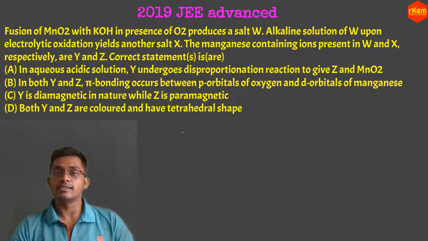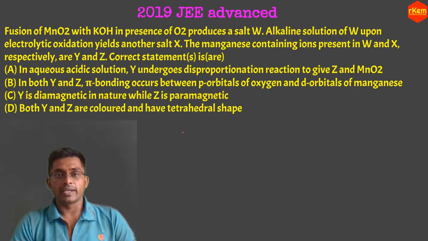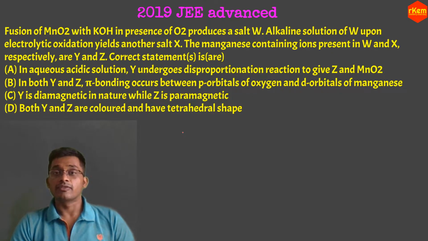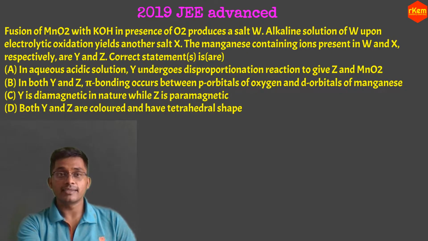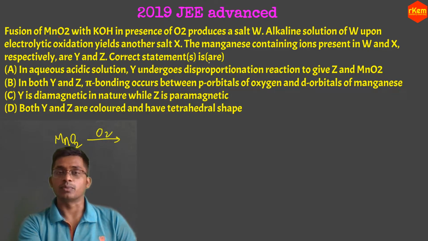All reactions, if you're thorough with KMnO4 and dichromate, then definitely you can answer all these questions from these three chapters. Look at this: MnO2 plus KOH in presence of O2 forms a salt W. So MnO2 reacts with KOH and O2. What will it form?